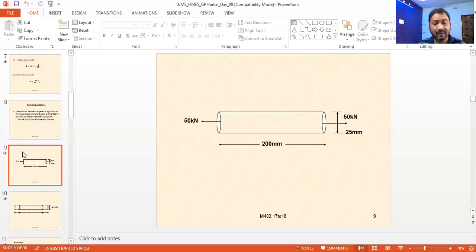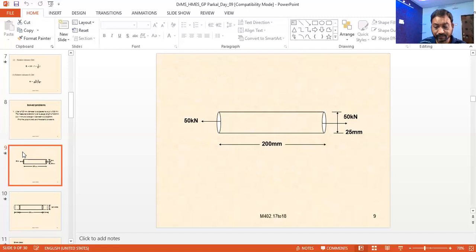Now this is the bar as per the given problem, subjected to the force as shown in the figure. It is a circular bar of 25 mm diameter and 200 mm length.